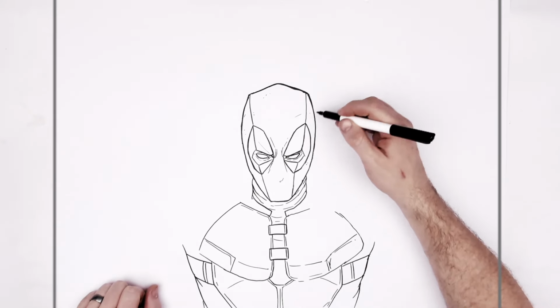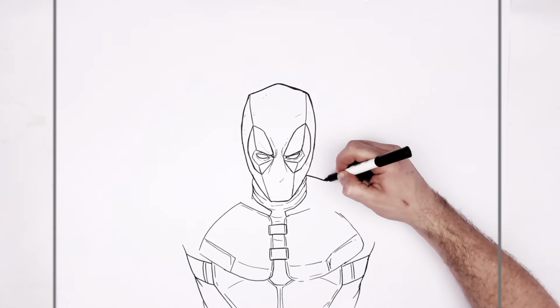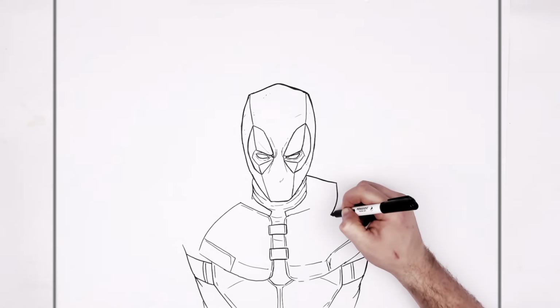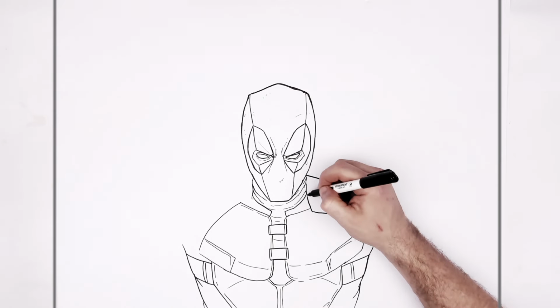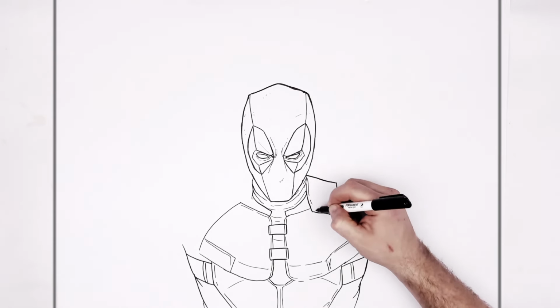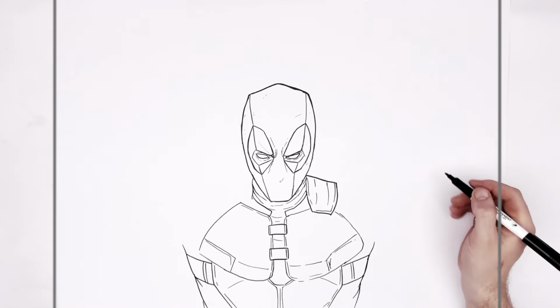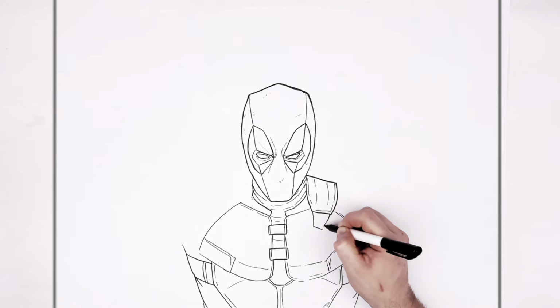So his shoulders are quite high up. We've got his trapezius here, and then there is a strap that comes across this way for his weaponry. Again, little edge lines and stitching lines help everything look a bit better. This goes down this way, and it's got a buckle here.